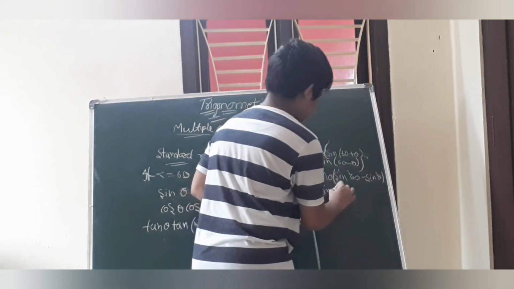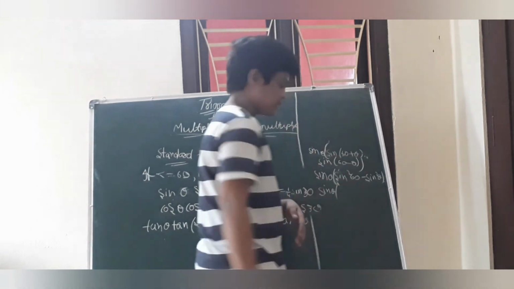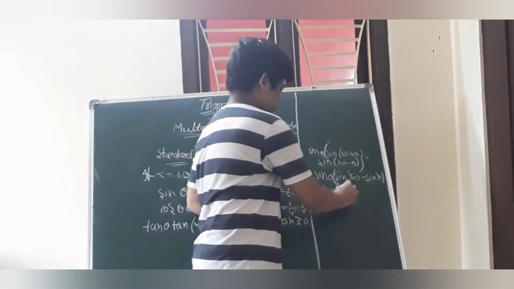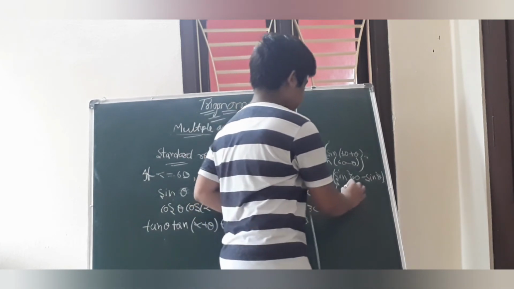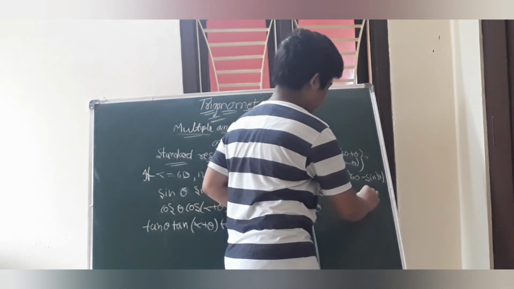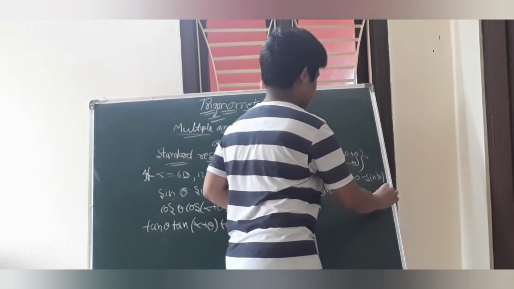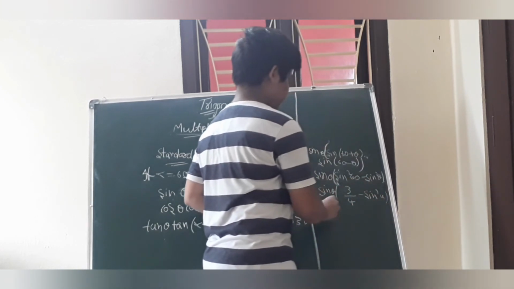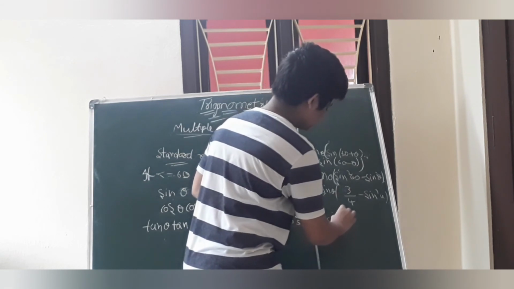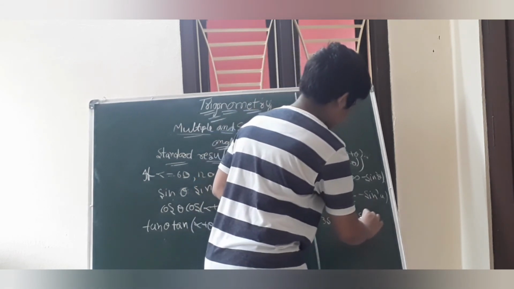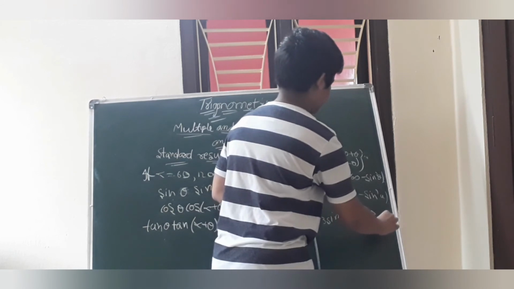So we know that sin 60 is root 3 by 2. So we can write root 3 by 2 whole square. So it becomes 3 by 4 minus sin square theta. If we multiply it with sin theta, it becomes 3 sin theta minus 4 sin cube theta by 4.